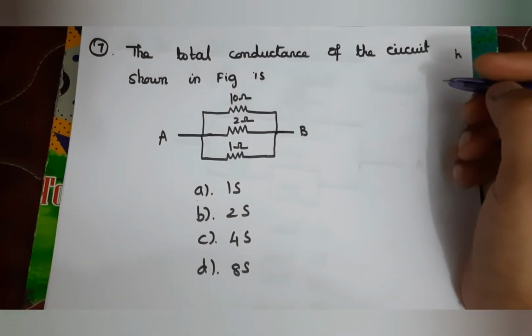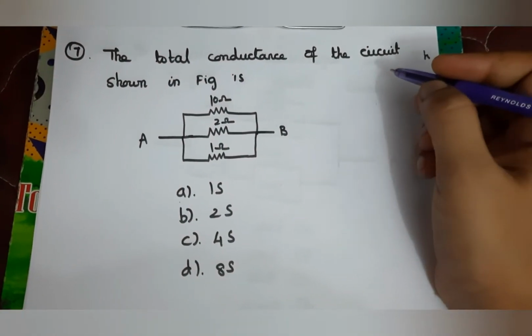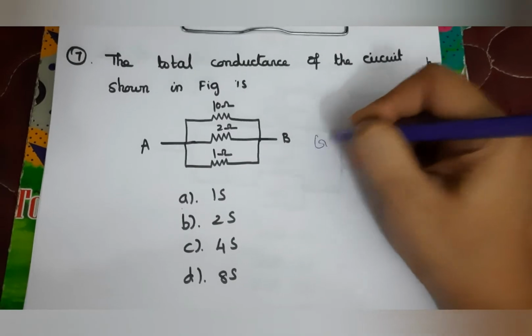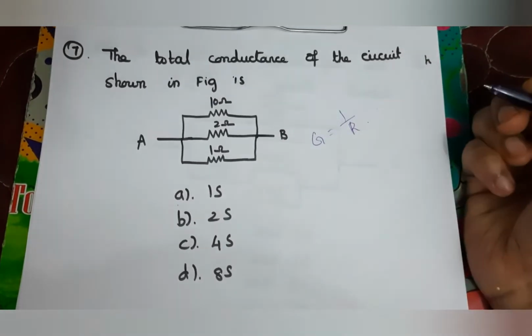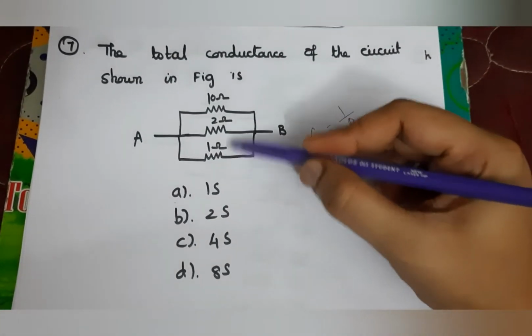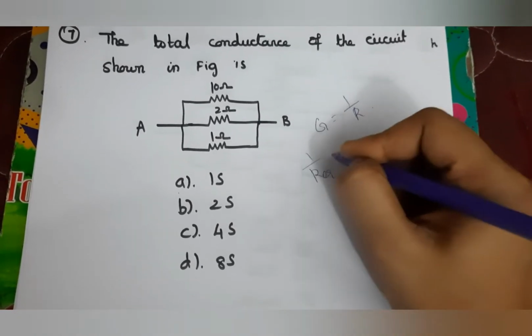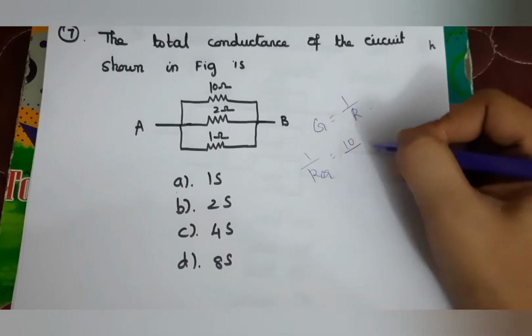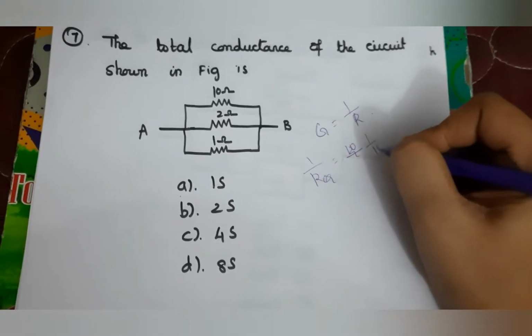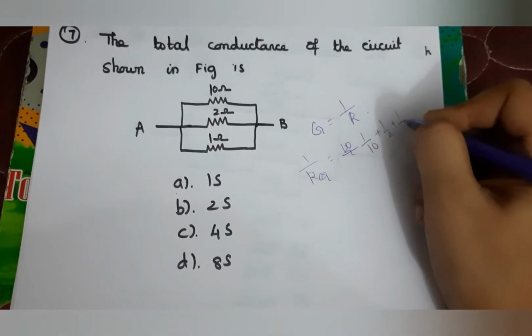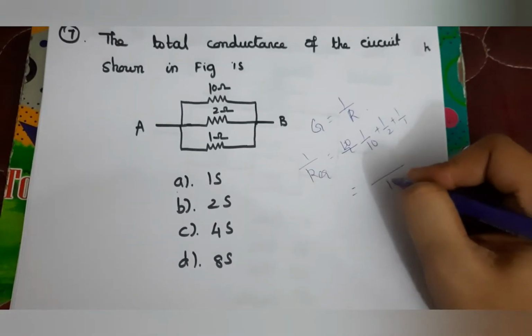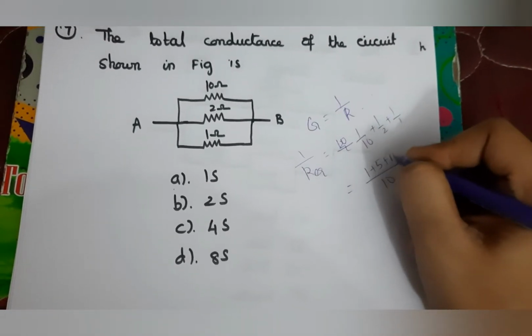So here the answer is B, 2 kilo ohm. And next question, the total conductance of the circuit shown in the figure is, and we know conductance is equal to the reciprocal of resistance. So here these resistances are in parallel connection. So for the equivalent resistance, 1 by R equivalent is equal to 1 by 10 plus 1 by 2 plus 1 by 1. So the LCM is 10, 1 plus 5 plus 10.